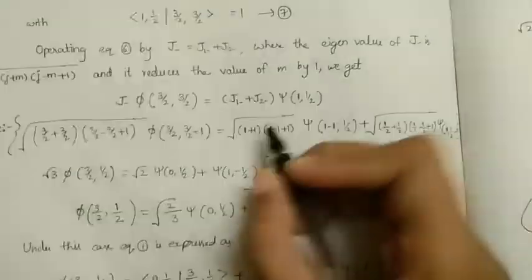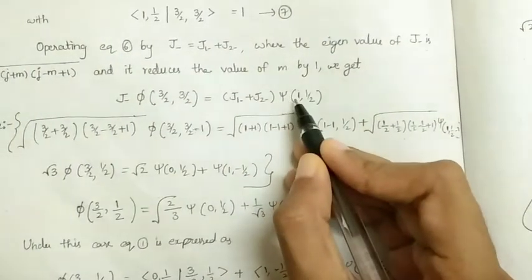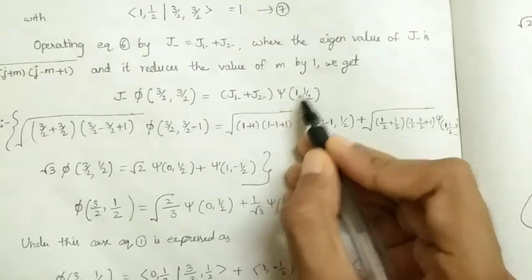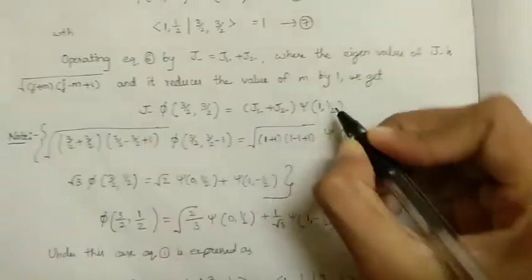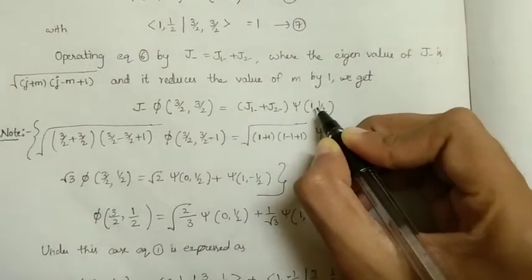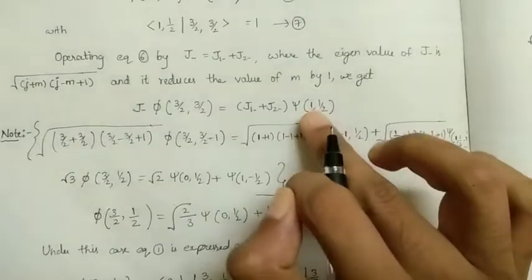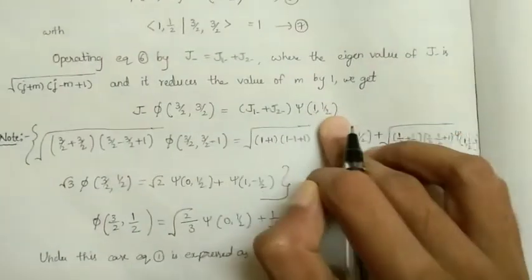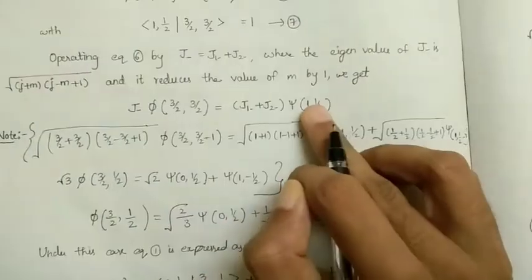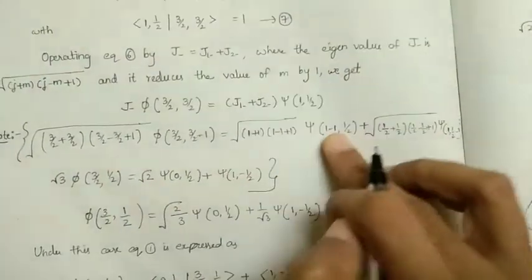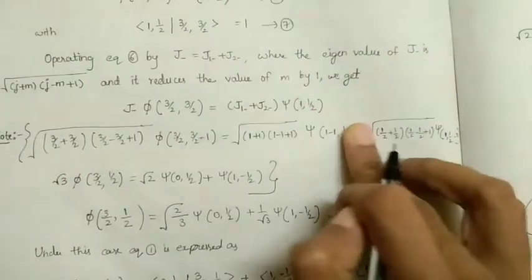Next, j1 minus would only reduce the value of m1. It would not reduce the value of m2. As in the notation we have found, this is not j1 m1, or j2 m2. This is m1 comma m2. So j1 minus would reduce the value of m1 by 1. So 1 minus 1, and m2 would remain the same.